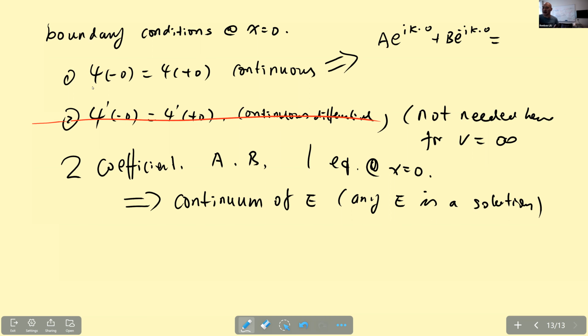On the right, it's simply 0. So you just have A plus B equal to 0, right? So this is only one equation, but you have two coefficients. So you don't have two equations, which means no matter what K is, there is always a solution.